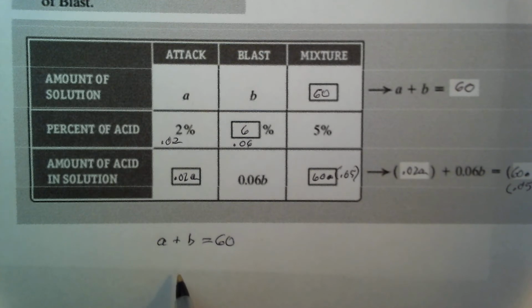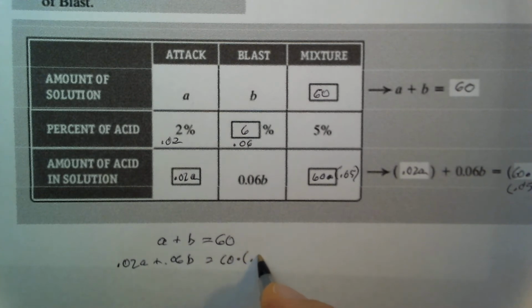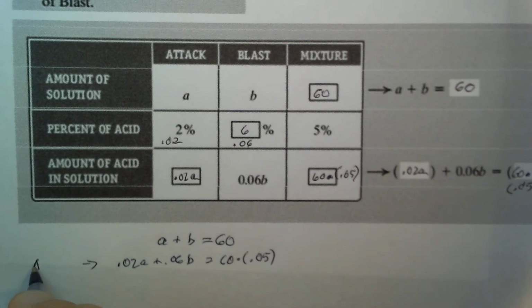Then the amount of acid in solution would be 0.02A plus 0.06B equals 60 times 0.05. So the second equation is about acid, the amount of acid that we've got, and the first is the amount of solution.